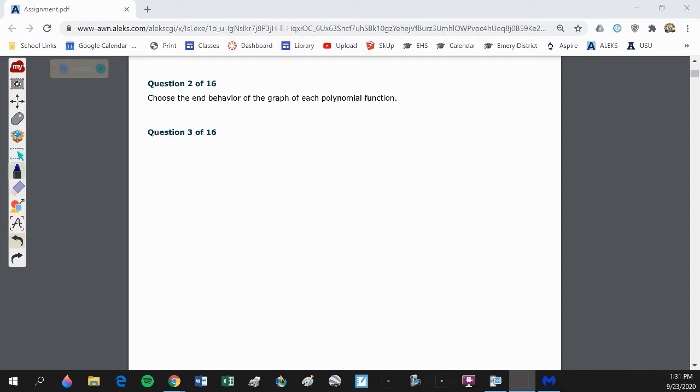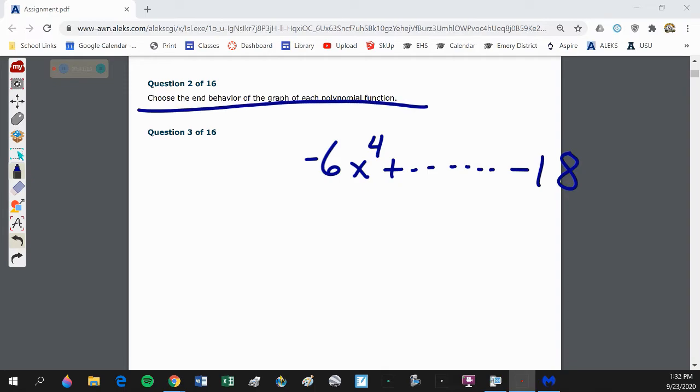What if I had this? What if I had a polynomial and I asked you this question? Choose the end behavior. And it didn't show up for some reason, so let me show you what it actually looks like.